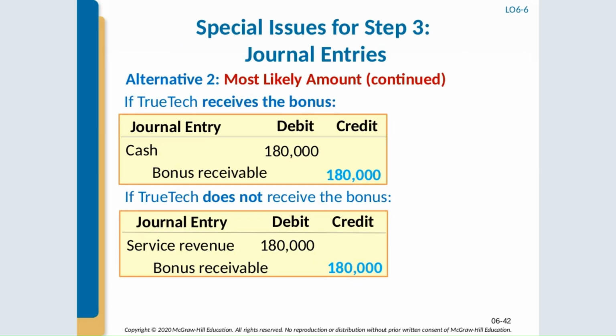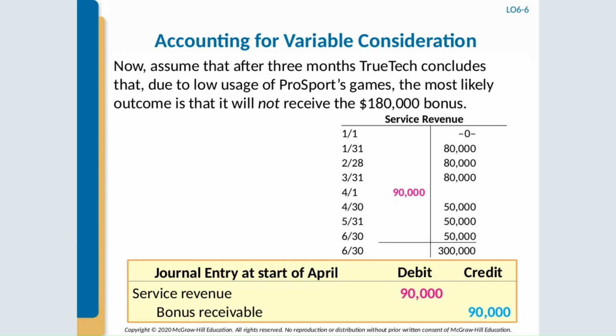What happens if we didn't meet the 15,000 hours? If that's the case, then we are going to have to reverse it. So if at the end of the 6 months we didn't actually meet the 15,000 hours, we're going to have to debit service revenue and credit the bonus receivable.